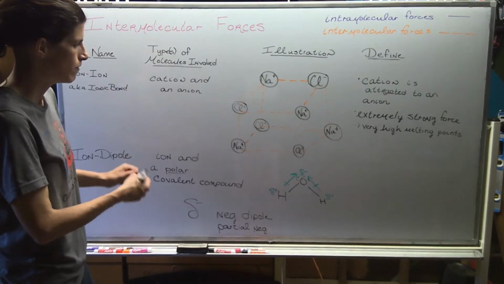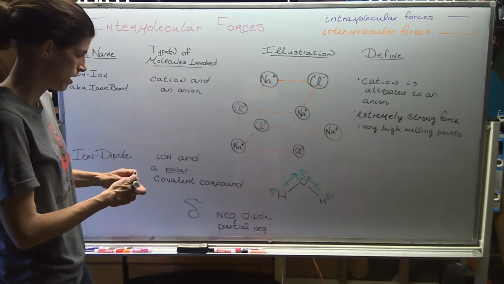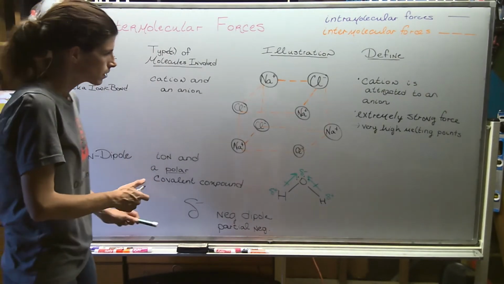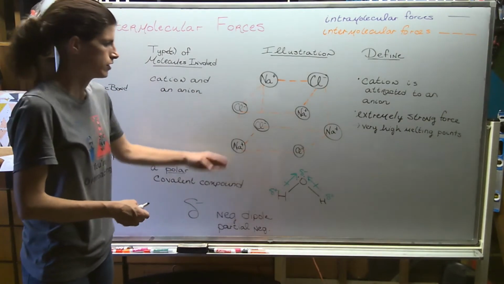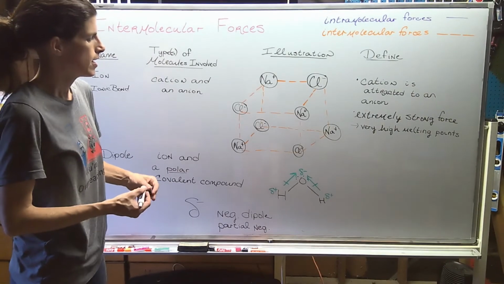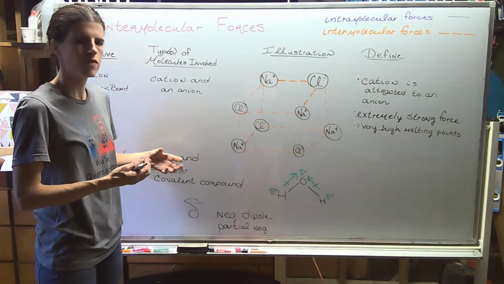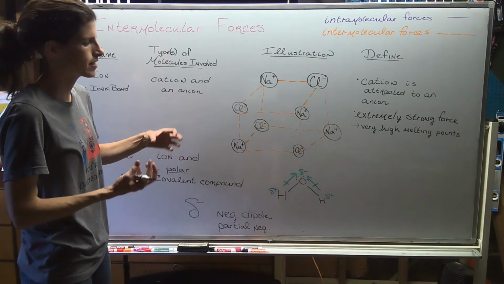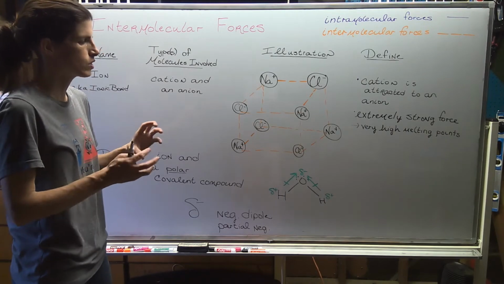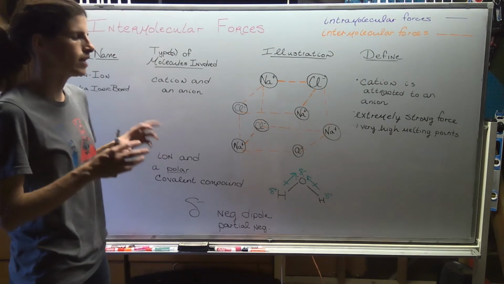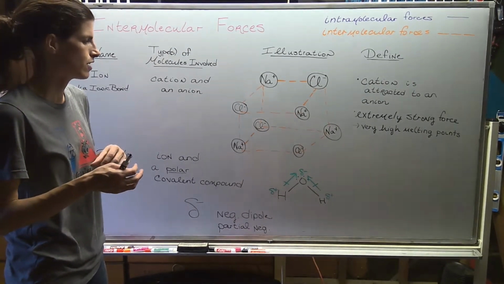So once you have this polar covalent compound, then the ionic compound, for instance, sodium chloride again, can come in and nestle itself, and we're in an aqueous environment now, so it's going to dissociate and find nice spots in between the positive and negative dipoles.